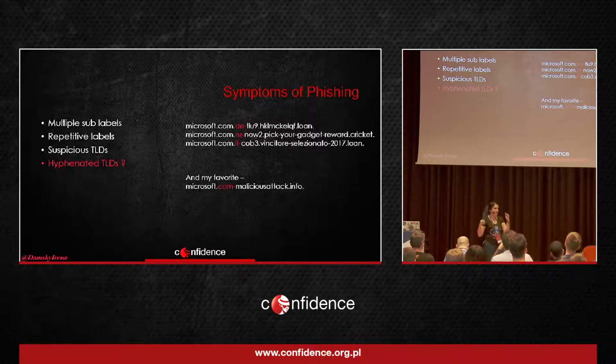Just replace the slashes with dots and then use something like Microsoft.com.something.something.something.somedomain.com. A lot of people won't even notice that their URL was transferred into a domain name.